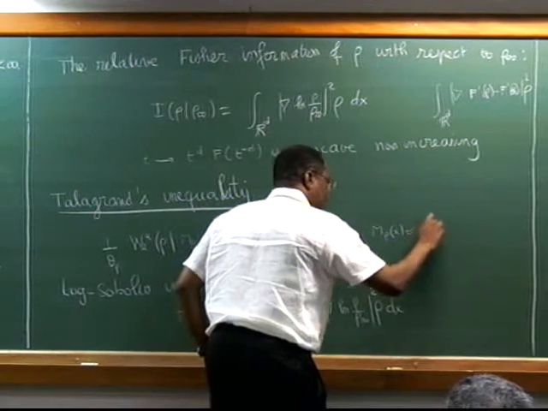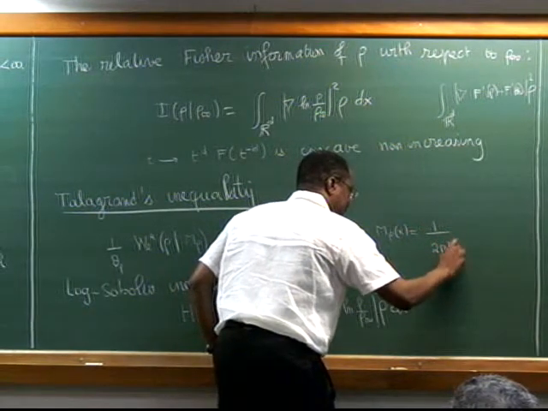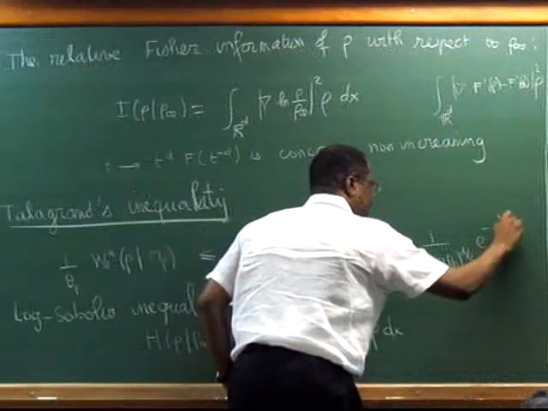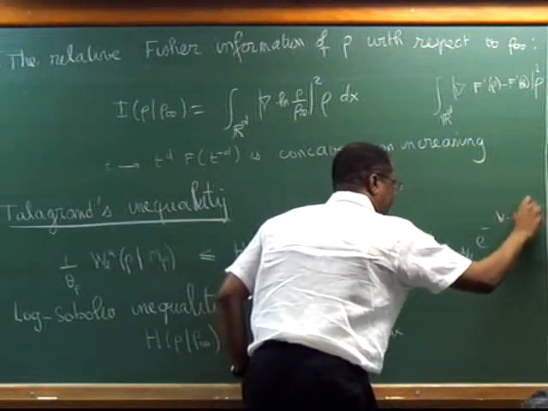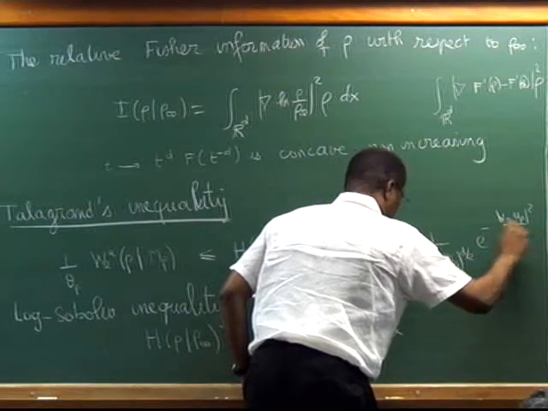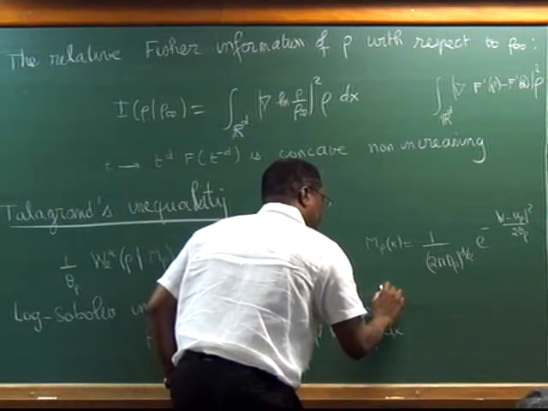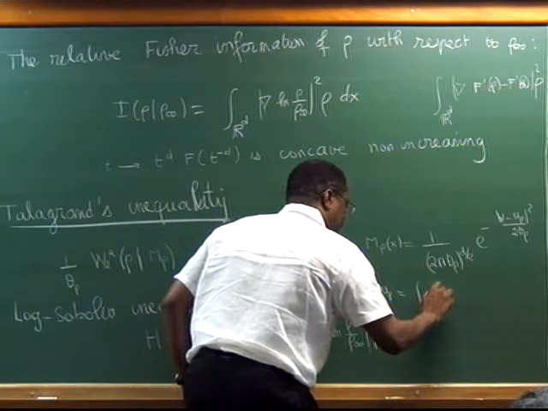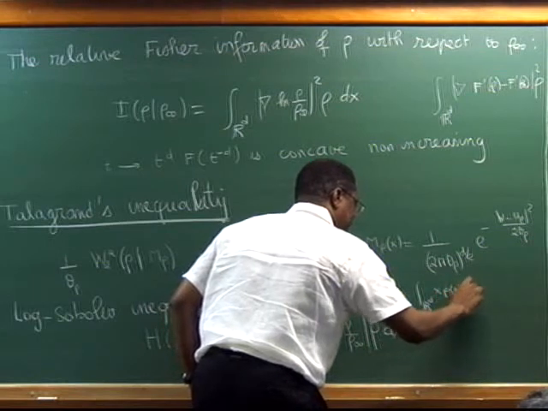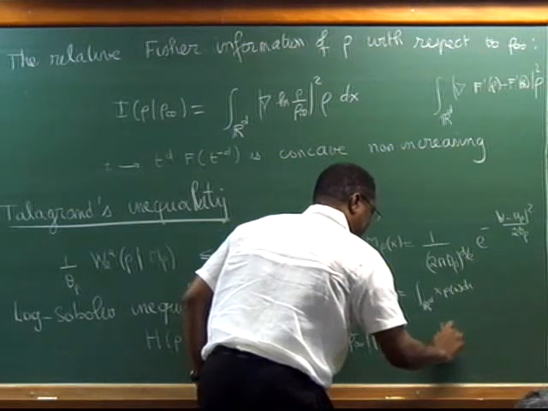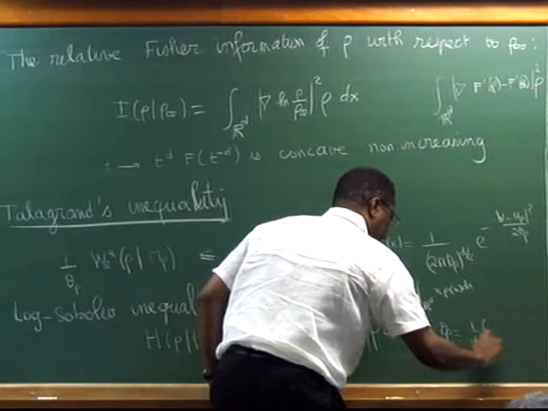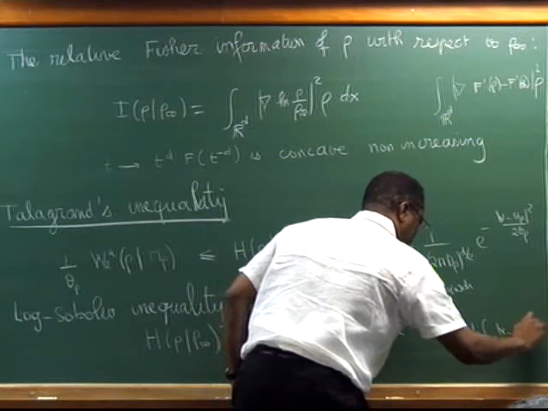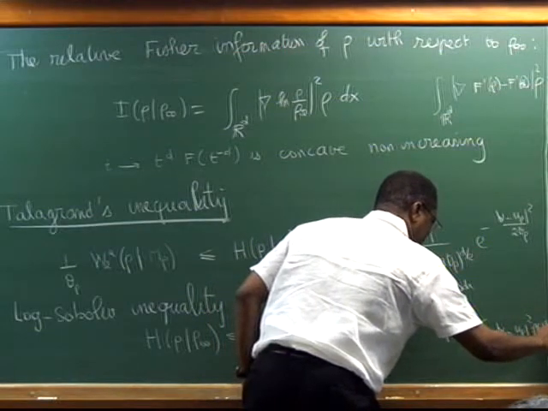Also convex. This is 1 divided by 2 pi theta rho to the power d over 2, exponential of minus v minus u rho squared over 2 theta rho, where u rho is the integral over R^d of x rho of x dx, and theta rho is 1 over d the integral over R^d of v minus u rho squared rho of x dx.